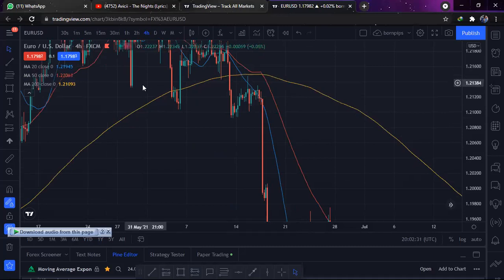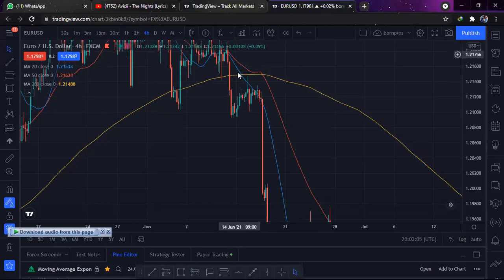The yellow line here is the 200 moving average, the blue is 20, and the red is 50. That's why I said you should bring pen and paper so that you write them down.